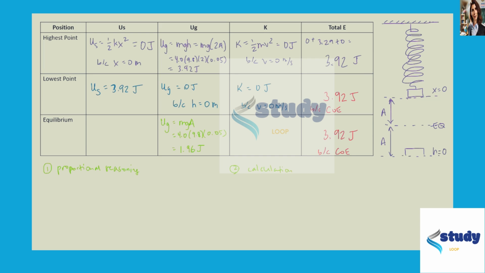So for proportional reasoning, we can look at the fact that US at the top, I'm going to call it UST, is US at the bottom, that's when we had 1/2 K times 2A squared, which we could say is 4 times the quantity 1/2 Ka squared.